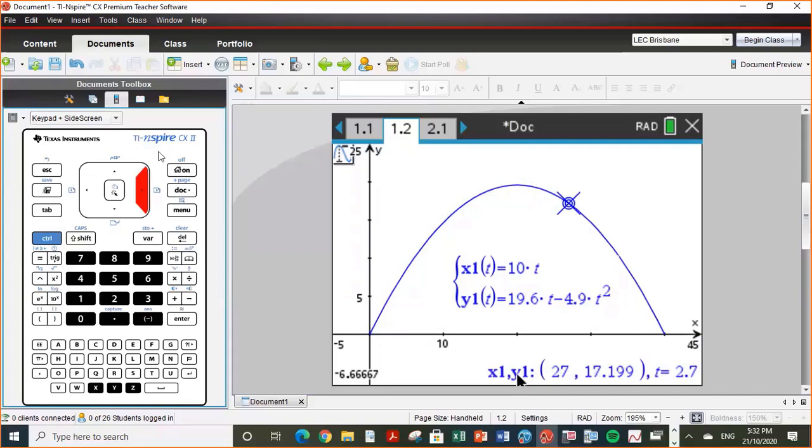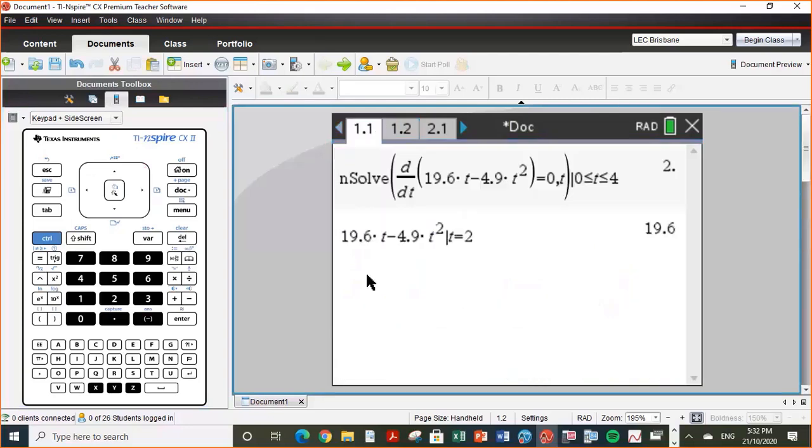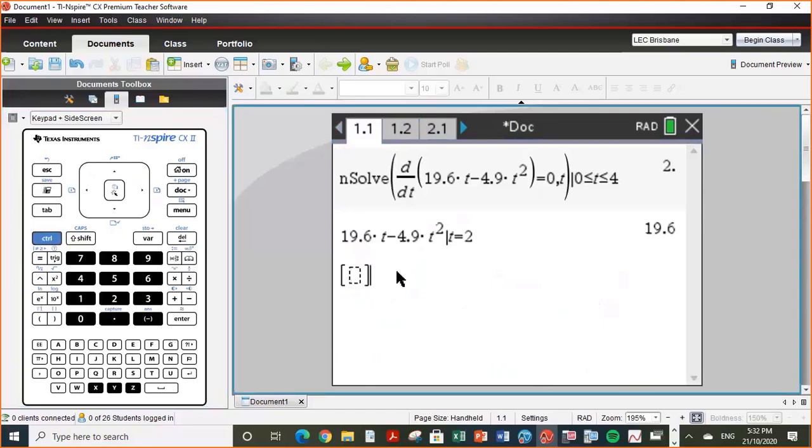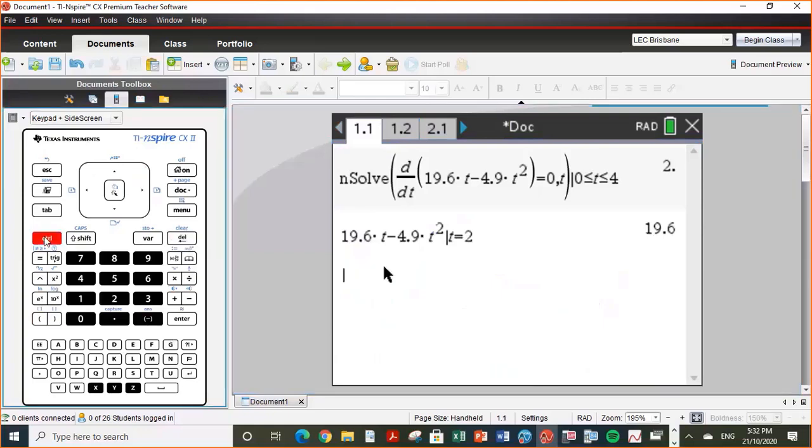Once you've got x1 of t and y1 of t, you could go back to your calculator page and press Control open bracket, and then Control close bracket, to get the curly brackets, and we could type in x1 open bracket 2, comma y1 open bracket 2.